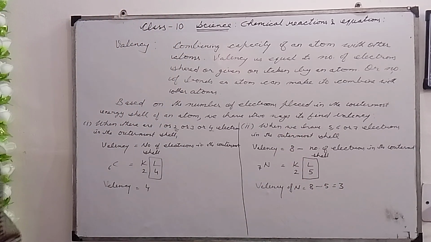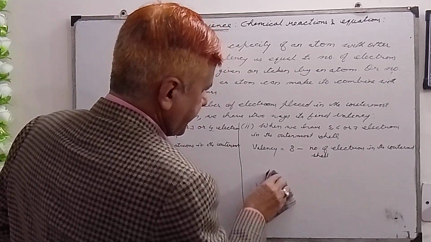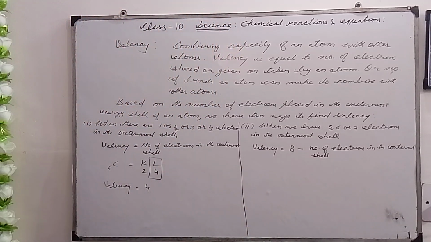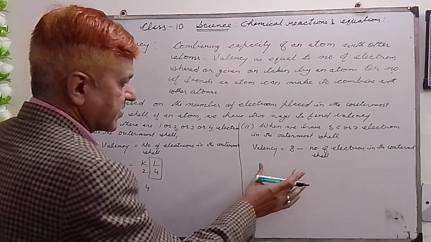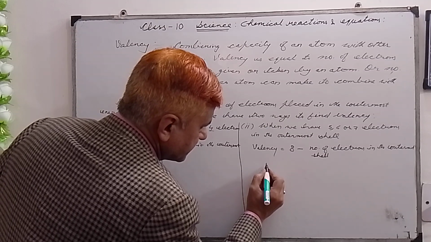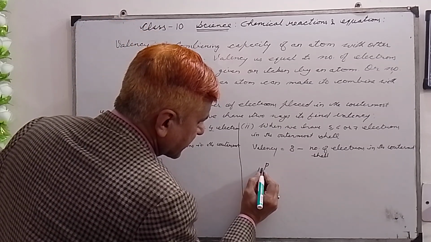Similarly, for example, let's find the electronic configuration of phosphorus. Phosphorus atomic number is 15.